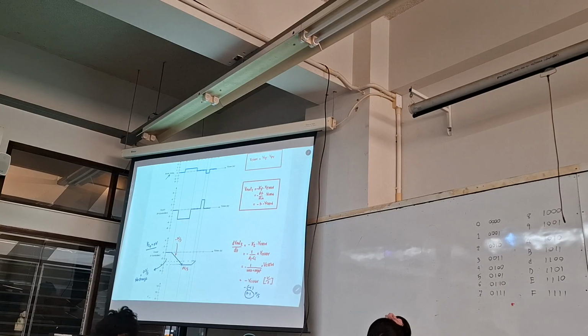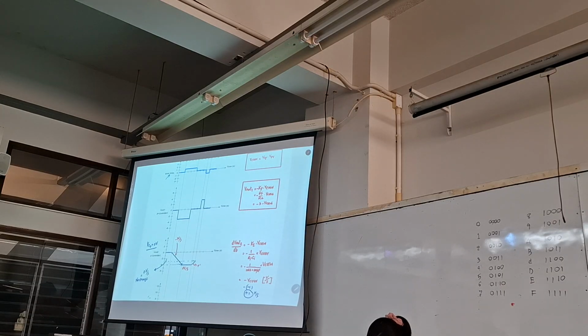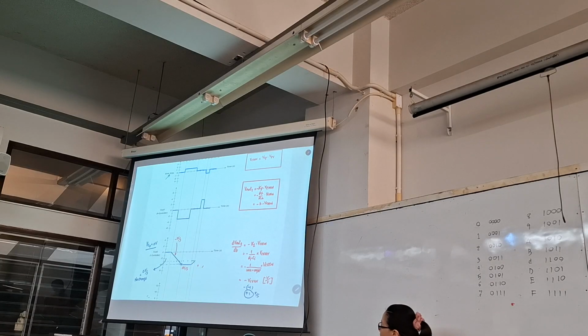It is called +1 per second. So if you have to work with an integrator, you must know exactly what the sign is, minus or plus. Plus means increase and minus means decrease.